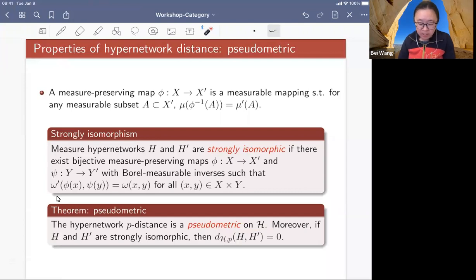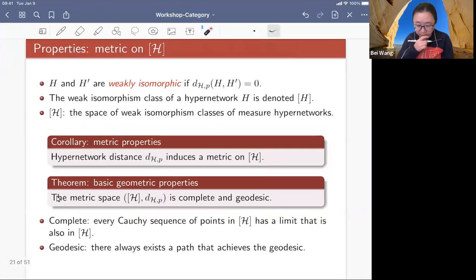You can define something called strongly isomorphic between 2 hypernetworks: if there are bijective measure-preserving maps between the nodes and between the hyperedges, and the omegas, the weight or hypernetwork function, are preserved under these maps, then those 2 hypernetworks are strongly isomorphic, and the distance is equal to 0. We can also define something called weakly isomorphic: if I have 2 hypernetworks and their distance is 0, we call them weakly isomorphic.